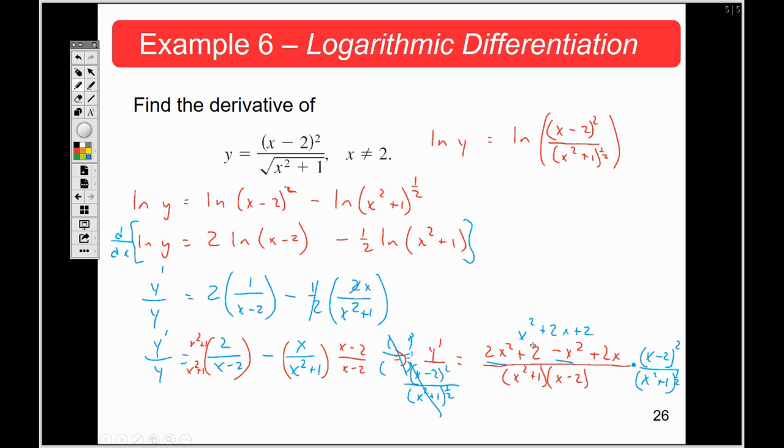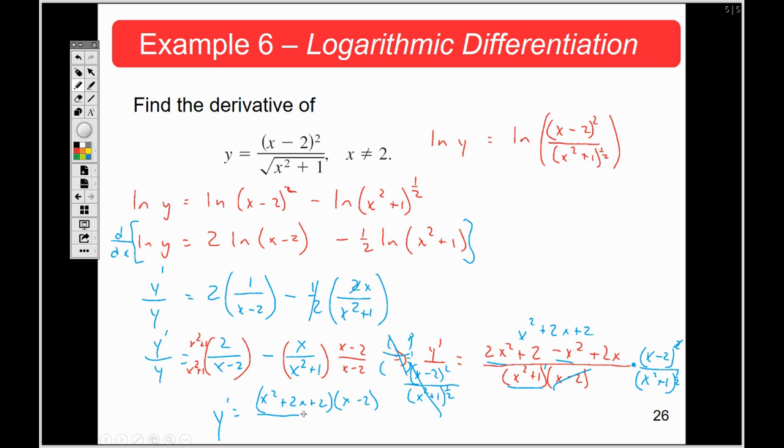So I'm going to clean this up a little bit more and notice that one of these and this one combine, and then this is like this to the first power and this to the half power. So when I'm all done, I have y prime equals, in the numerator, x squared plus 2x plus 2 didn't change. I have this extra x minus 2.